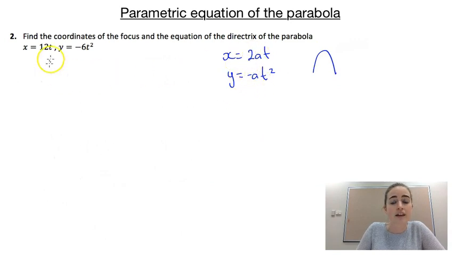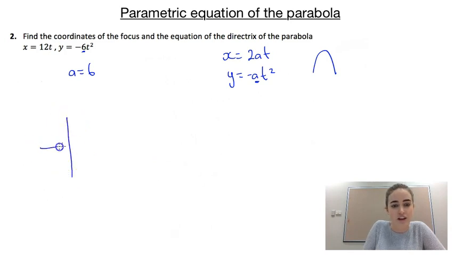We can also then compare these, and we can see that our a is going to have to be equal to 6. And we can see that that works in our first equation as well, because 2 times 6 does give us that 12. So then we know that if we draw a sketch roughly, we've got a concave down parabola with its vertex at the origin.